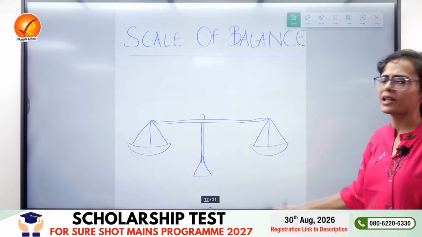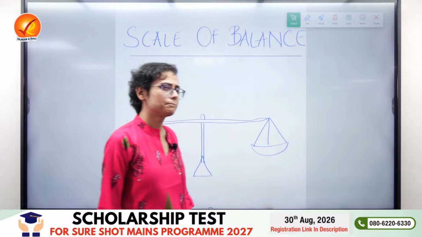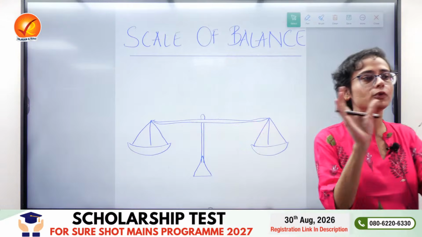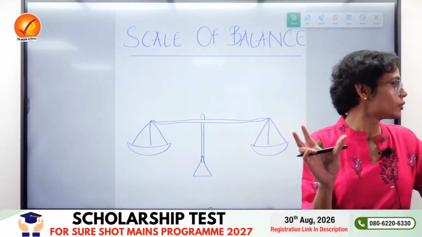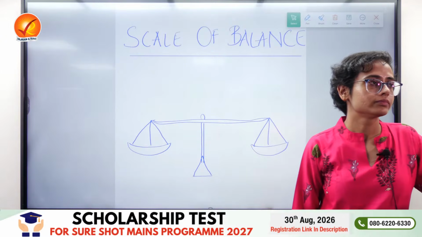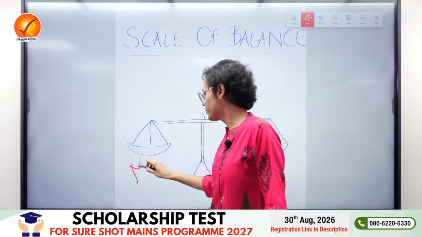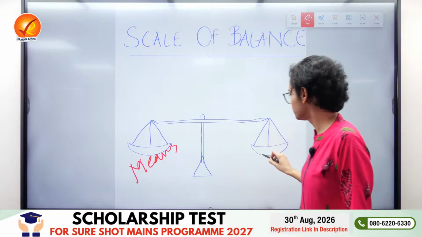Next is scale of balance. You all must be knowing it. When we have to balance a particular thing. Let's say, you can only tell me means versus ends.